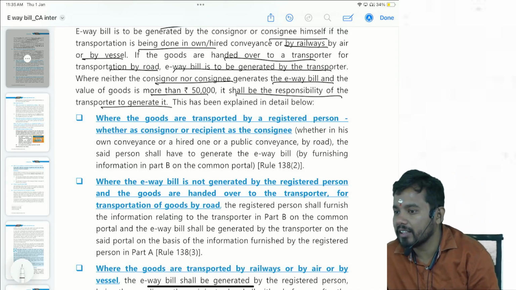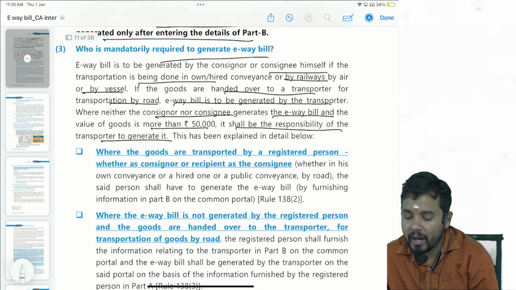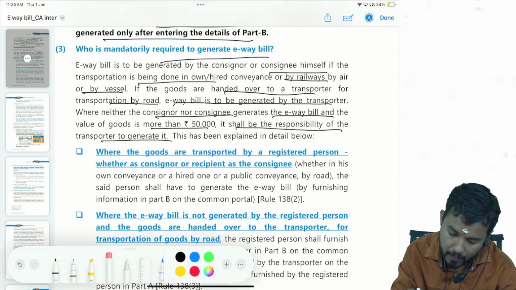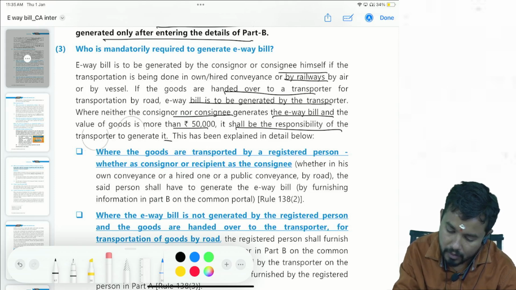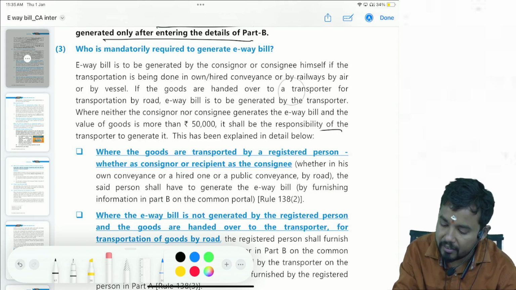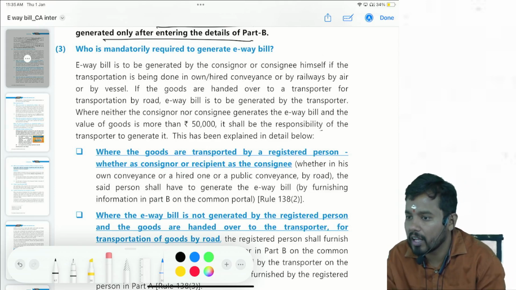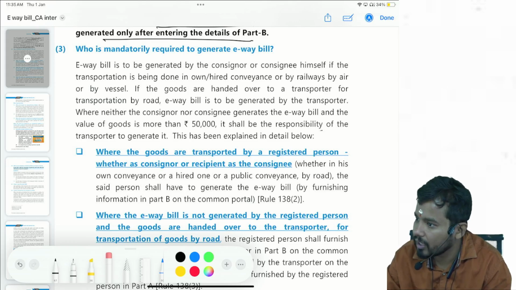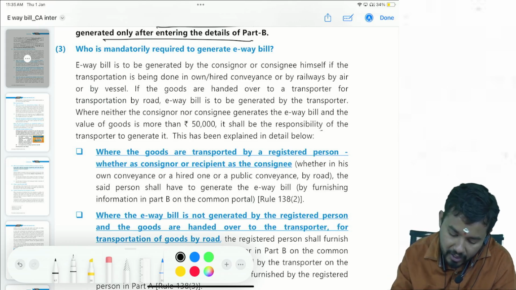So what they are saying, when it is mandatory: the important point here is, whenever the consignment value is more than 50,000, e-way bill generation is mandatory.